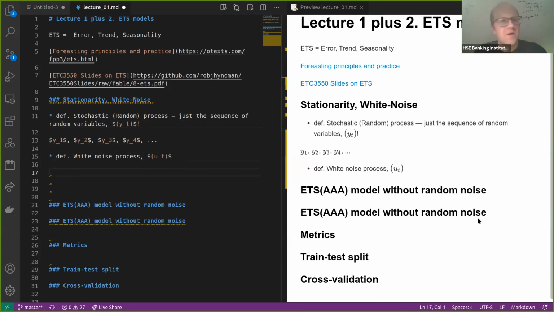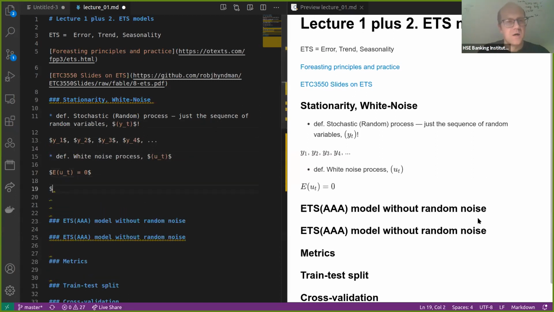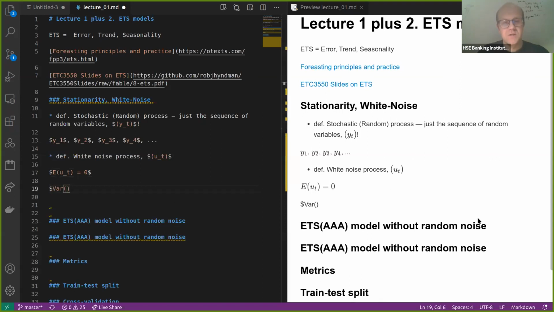some answers are very good. So what are the requirements to be a white noise process? We have the following requirements. Expected value of Ut should be 0. So it should be 0 on average. Variance of Ut.